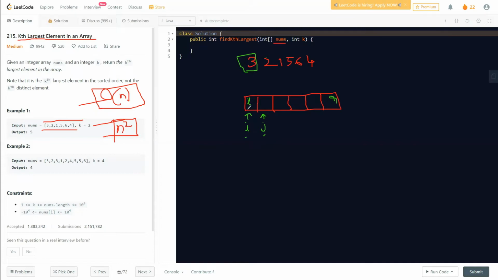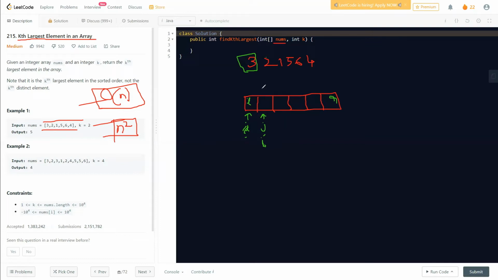So we took the pivot element as the leftmost element. So we'll check if the element is less than our pivot element, then what do we do? We will first increment our I. Okay. So in this case, you can see that 2 is less than our 3. In that case, we will increment our I, and then we will swap the jth position element with our ith position element.